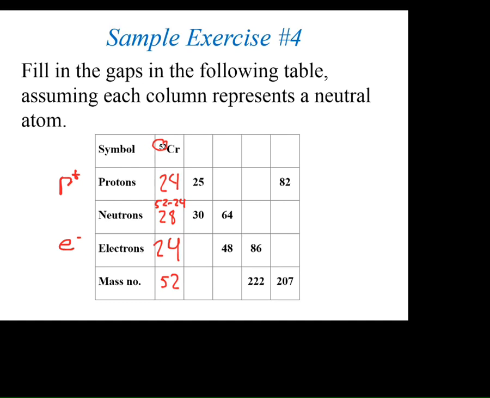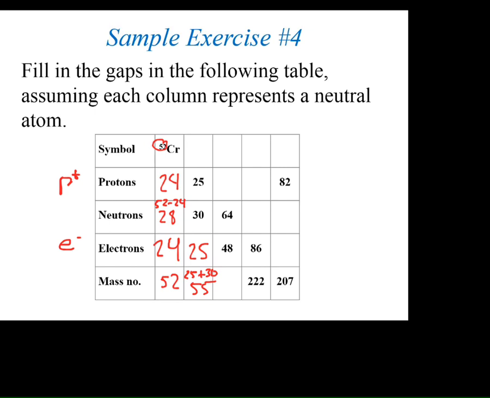Okay, let's try the next one together. 25 protons and 30 neutrons. Okay, so how many electrons? Let's do that one first. How many electrons? 25. Why? Again, it's neutral, so if it's got 25 positive protons, it must have 25 negative electrons. Okay, what's the mass number I will write down here? 55. 25 plus 30, right? 25 protons plus 30 neutrons, so 55.